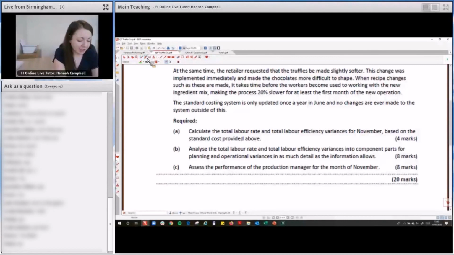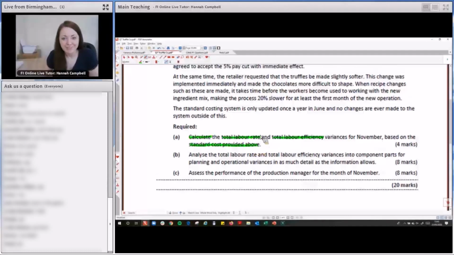So it has asked us to calculate the total labour rate variance and the total labour efficiency variance based on the standard cost provided above.